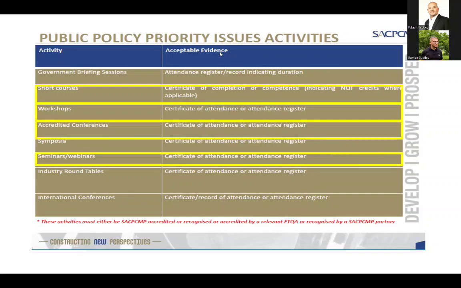An SACPCMP partner can be a voluntary association. They can also be considered an SACPCMP partner. So that's very important to highlight. If you're going to attend a conference that is not SACPCMP approved or accredited, it's not ETQA accredited, and it's not recognized by an SACPCMP partner, they will reject your upload.